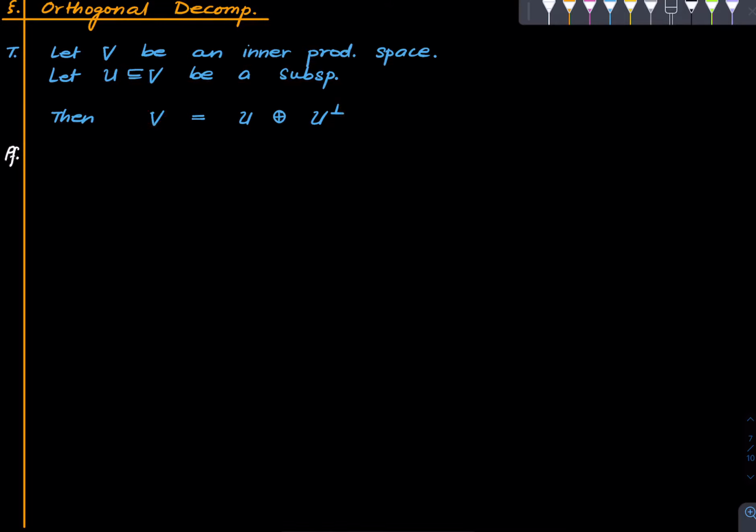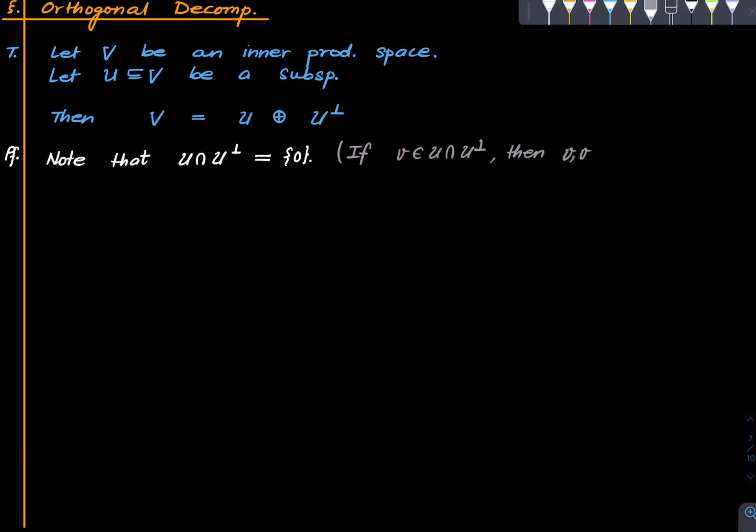That's all. So first of all, note that the intersection of U and its orthogonal complement is trivial. Why is that? The reason is, if we have some vector V in this intersection, then V is in U and it is also in U perp, hence it is orthogonal to itself. Everything here is orthogonal to everything here, hence V is orthogonal to itself.